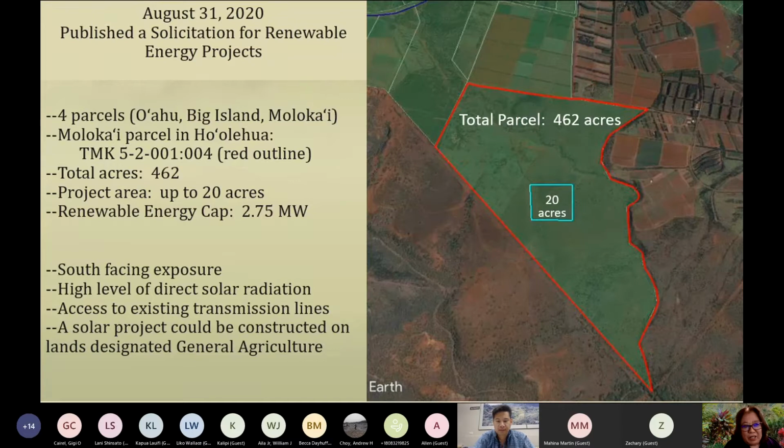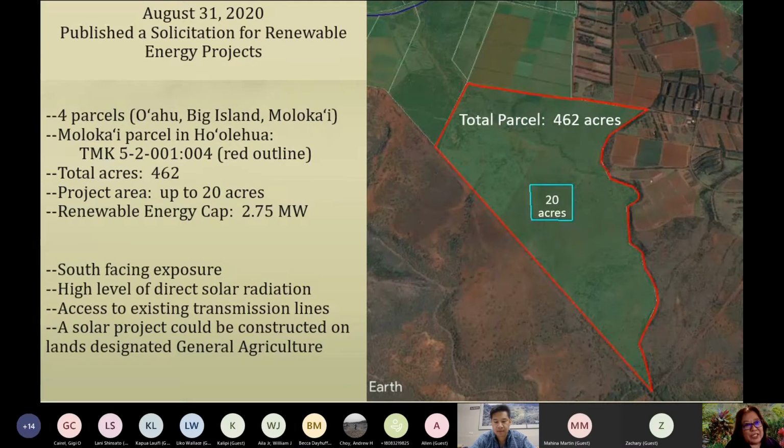We identified an area in Oahu, actually in Nanakuli. We identified 2 areas in the Big Island, one in Kaihai and the other one in Kailua Kona, which is this parcel that is on your screen now.